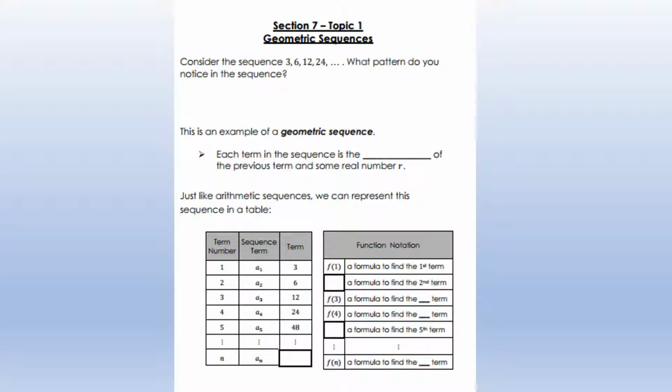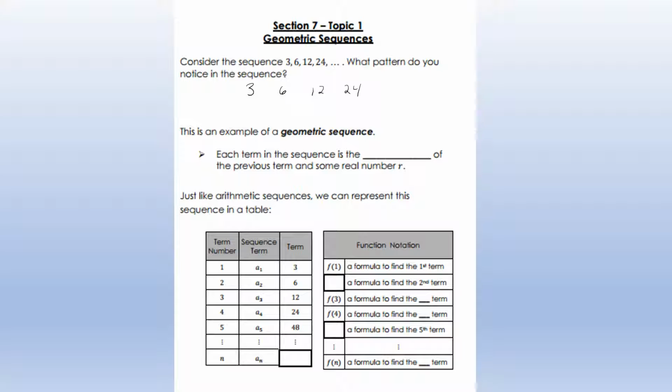All right, so let's start with an introduction here. We've got a series of numbers, and if you look at these numbers, 3, 6, 12, 24, what is the pattern that we can figure based on these numbers? All right, so we've looked at arithmetic sequences before, which is where we added and subtracted numbers to get to the next one.